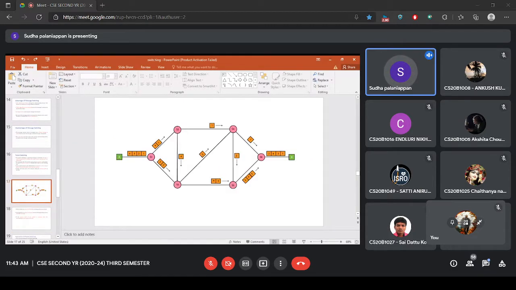So the message is split into 4 packets, each assigned a unique number, and at the end it is going to be reassembled, right? Once you reassemble the packets, you can identify whether any packet is missed.